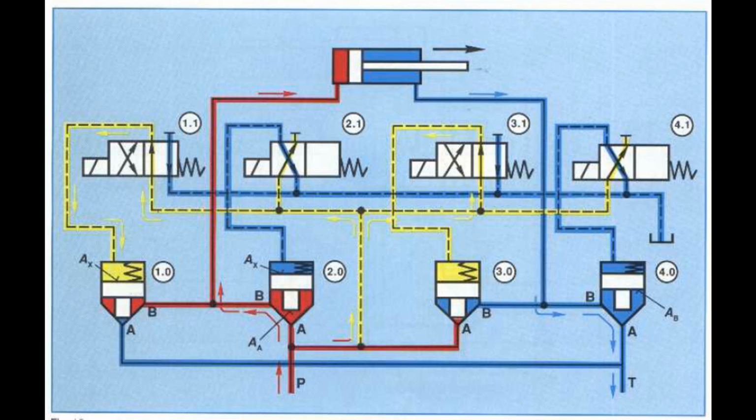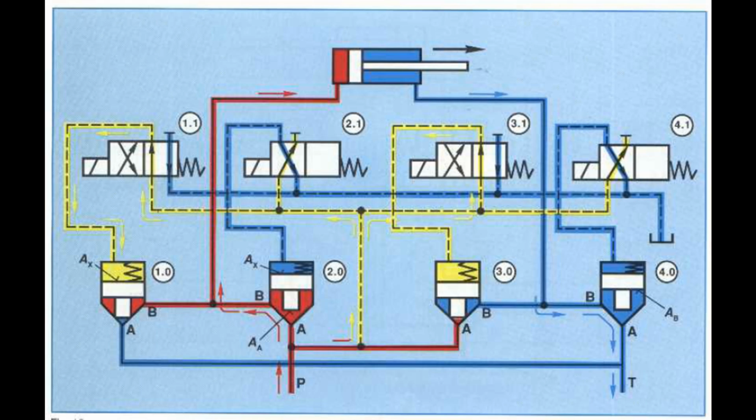Pilot valves 1.1 and 3.1 remain in the start position. The pressure in the P line passes via the control line, yellow, and the pilot valves, 1.1 and 3.1, onto the large control areas of the logic elements, 1.0 and 3.0.